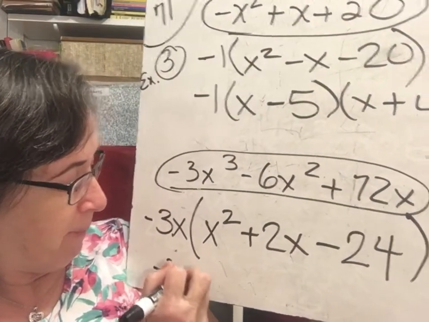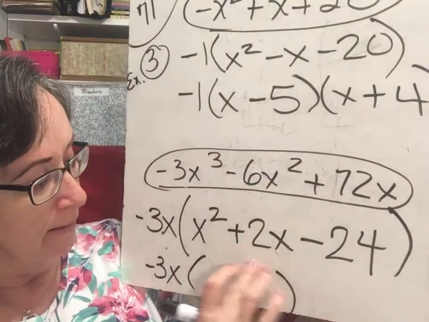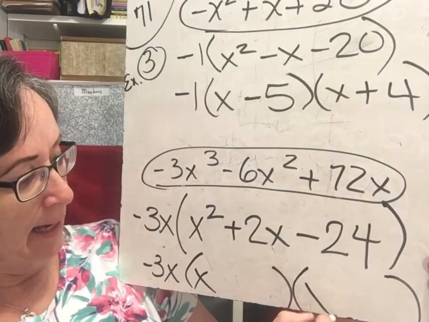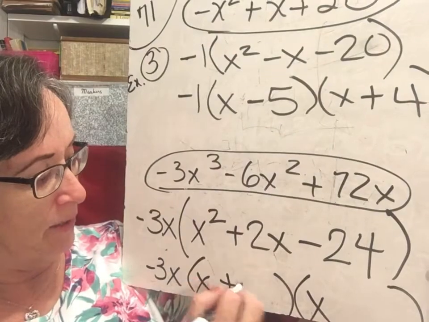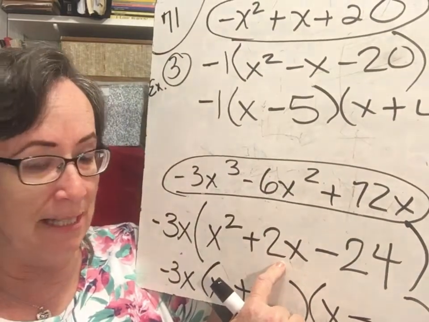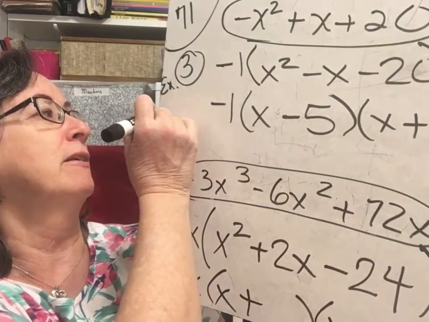Make sure to copy down your negative 3x factor, x, minus sign. Minus sign tells me these are opposite signs. That means this one is a difference of the two factors. So let's write these factors down.